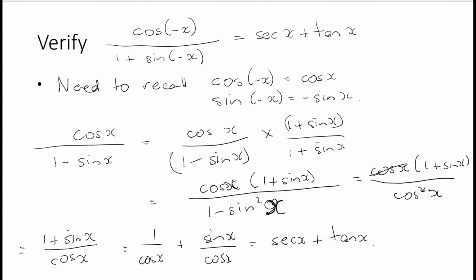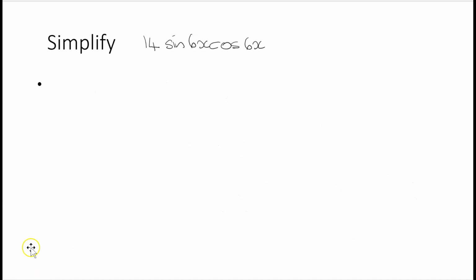The next one starts looking at double angle formulas. And here, which one do I choose? There's only one trig identity that goes number, sine, cos, and it's the one that says sine 2 theta equals 2 sine theta cos theta.